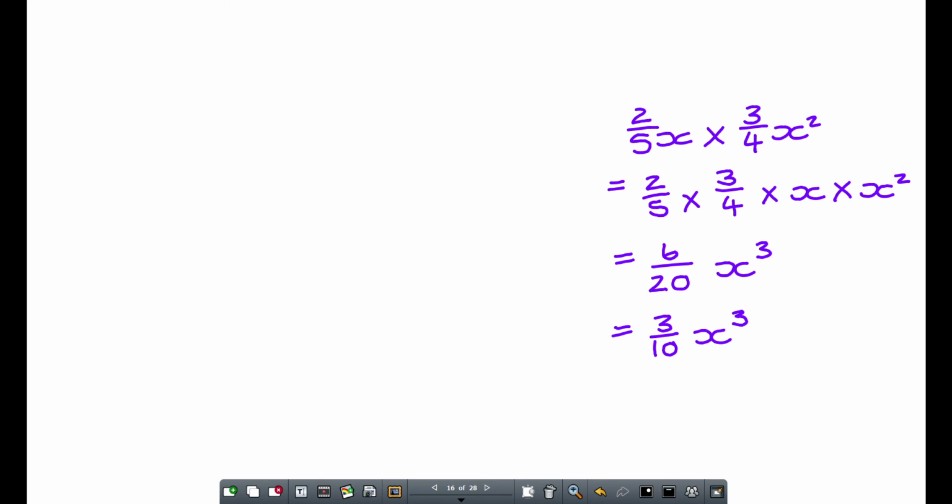Now, let's say the fraction has another number in front of it, a mixed number. If it's a mixed number, you first make the mixed number an improper fraction. Take the whole number times the bottom number, plus the top one.